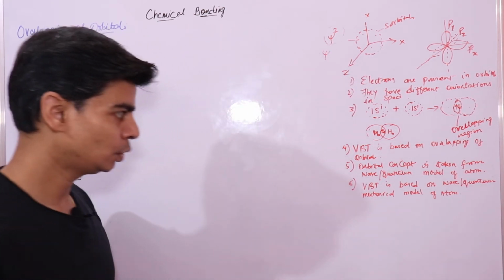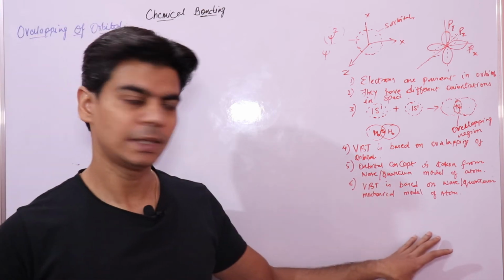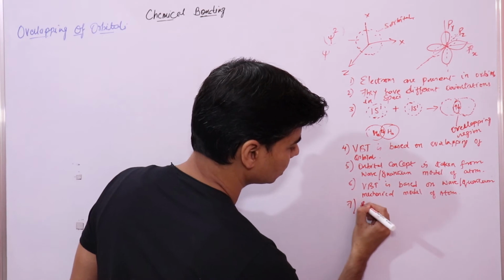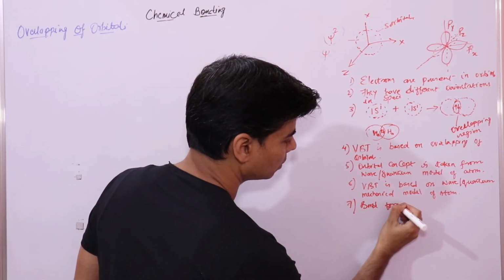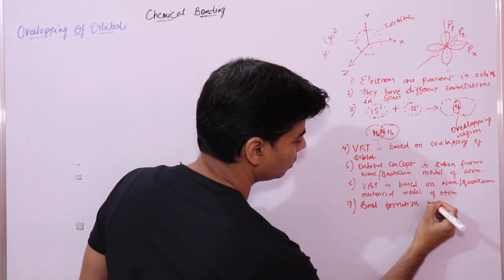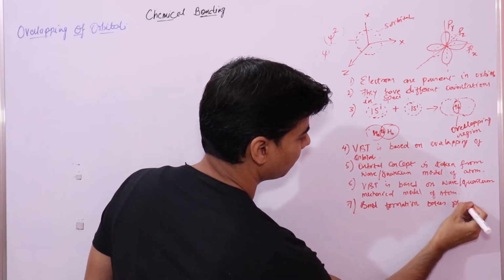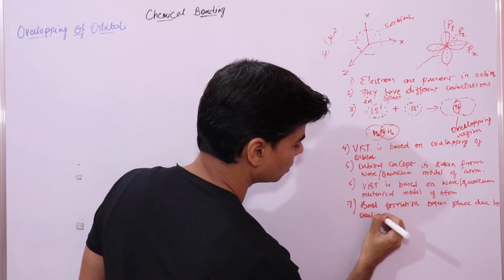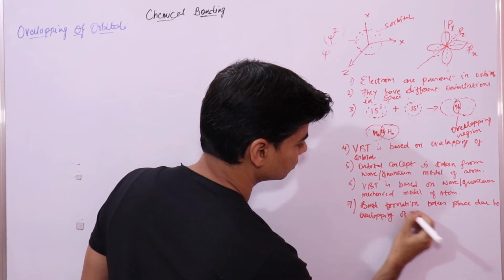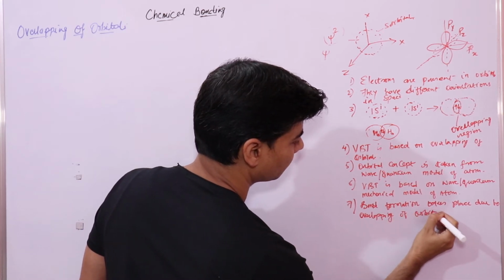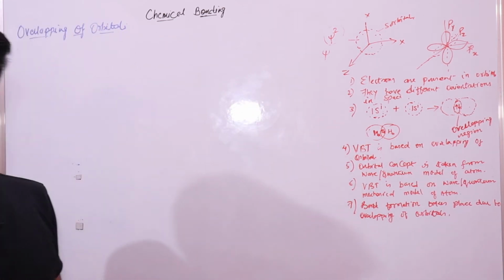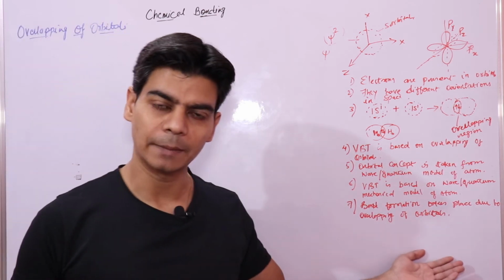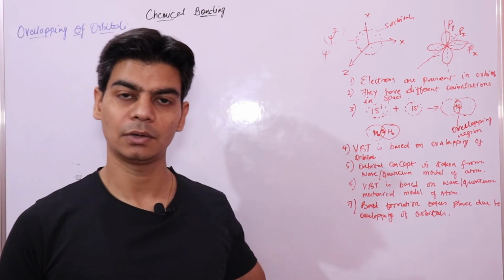So from here we know that bond formation takes place due to overlapping of orbitals, right? So the most important point is that bond formation takes place due to overlapping of orbitals.